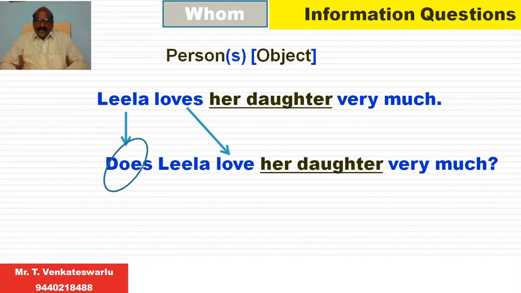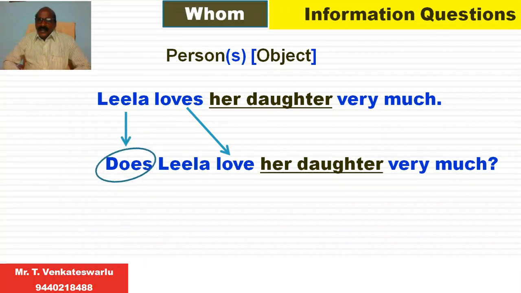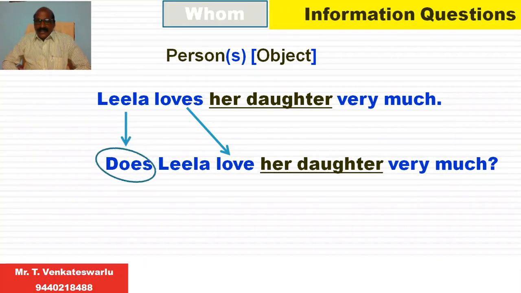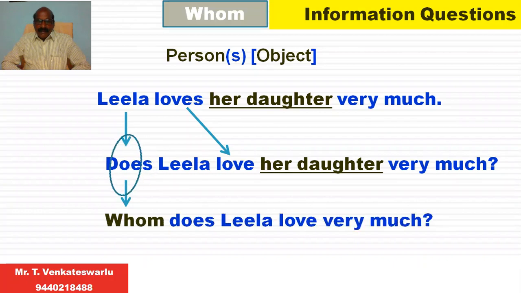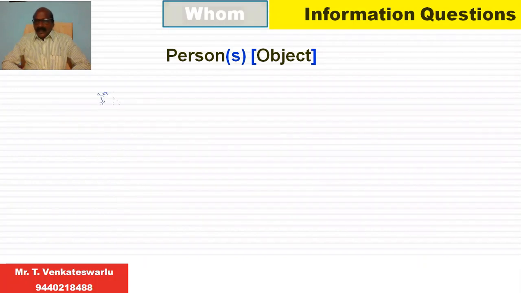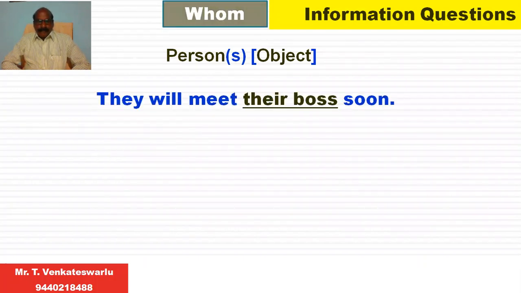And here the underlined part, her daughter, is used as an object and it is related to some person. So we have to begin the question with whom. Whom does Leela love very much? The underlined part is deleted. And next, another example. They will meet their boss soon.